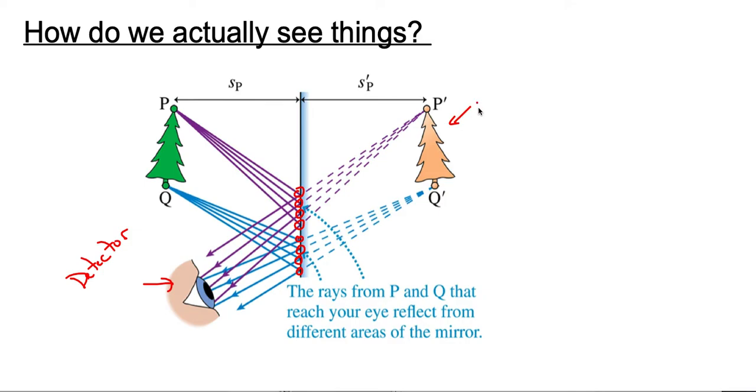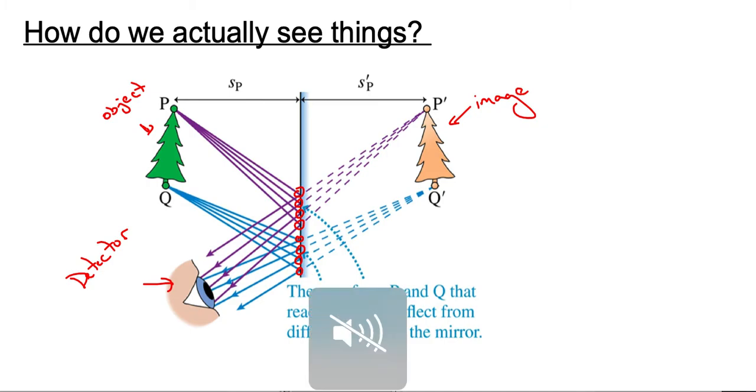And so this guy over here is our image, and this guy over here is our object. And the image is on the virtual side, the back side of the mirror, the non-real land, which is pretty important.